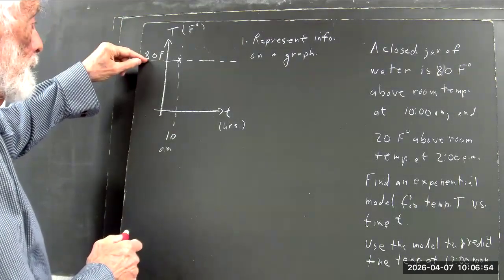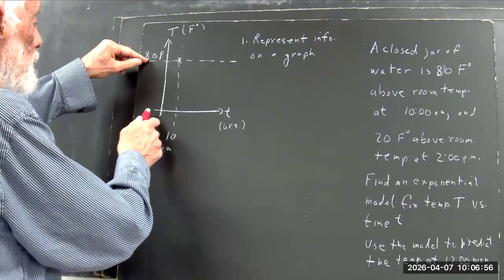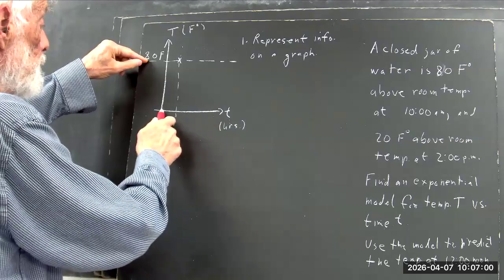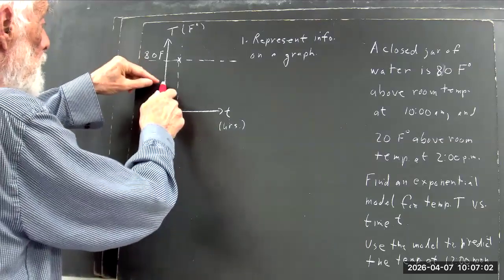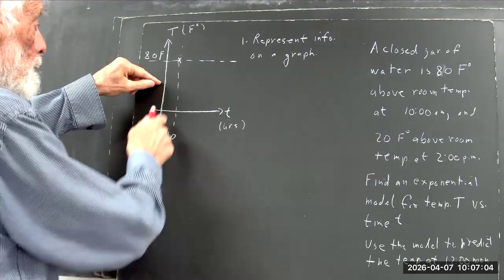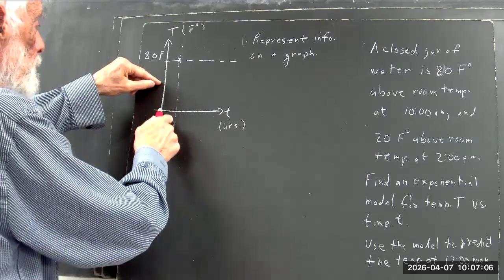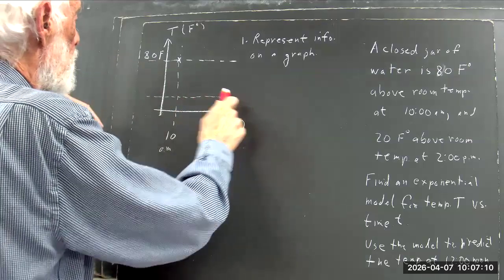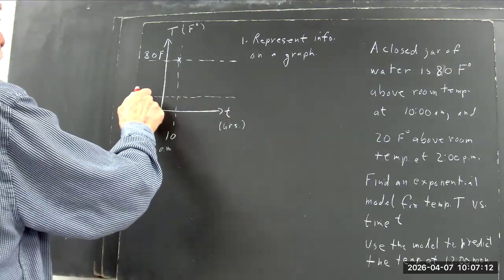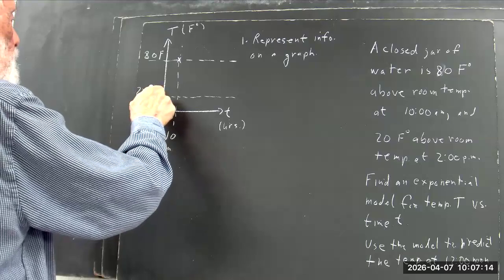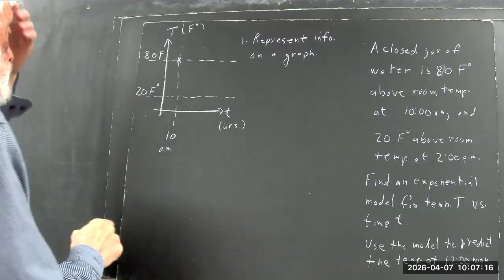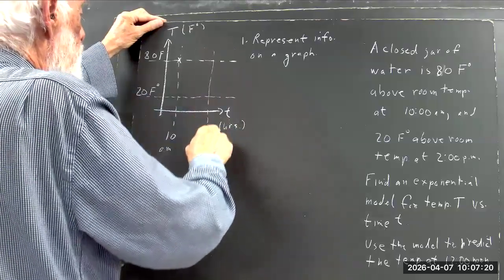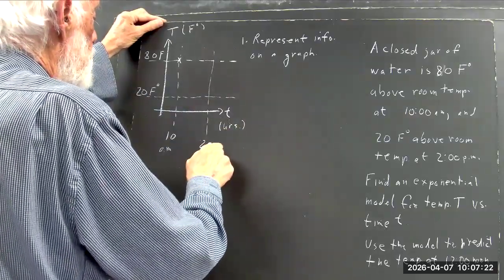If 80 is here, then the temperature is 0 on the t-axis. So halfway between 80 and 0 is 40, and halfway between 40 and 0 is 20. So 20 would go about here. That is, this horizontal line would represent 20 Fahrenheit degrees. And that's at 2 p.m. So let's just go ahead and put 2 p.m. here.